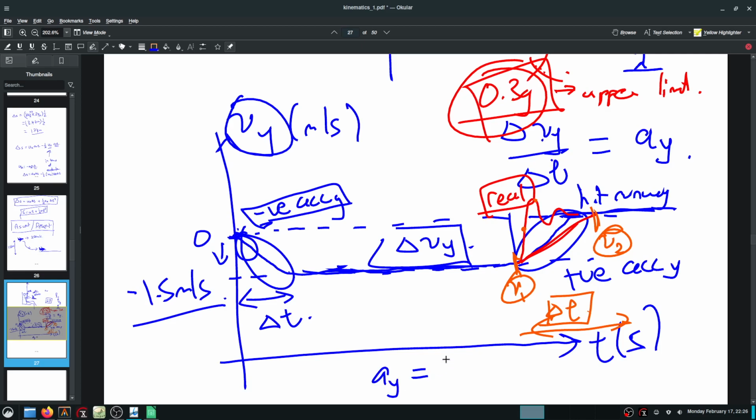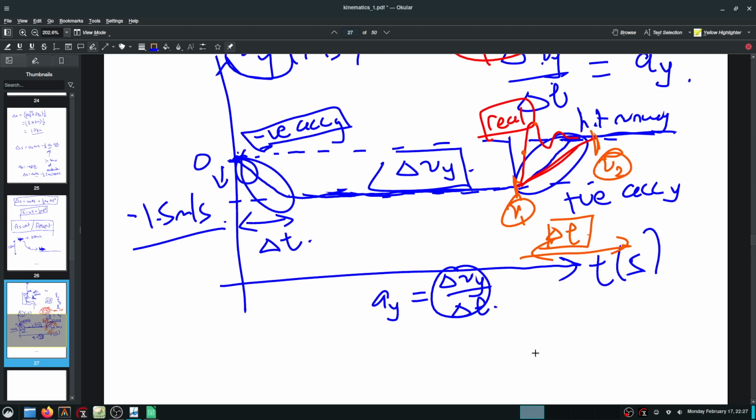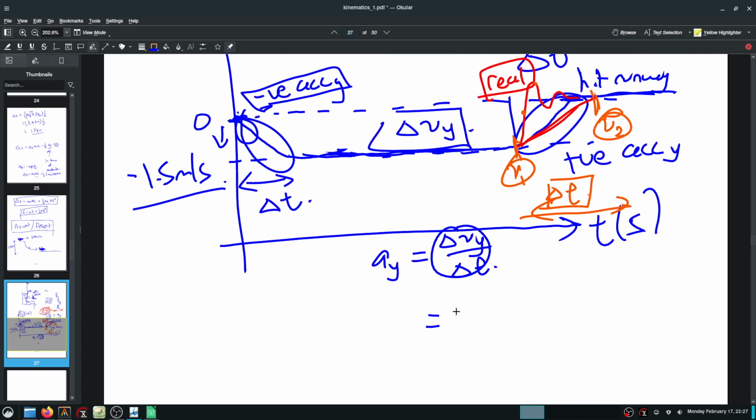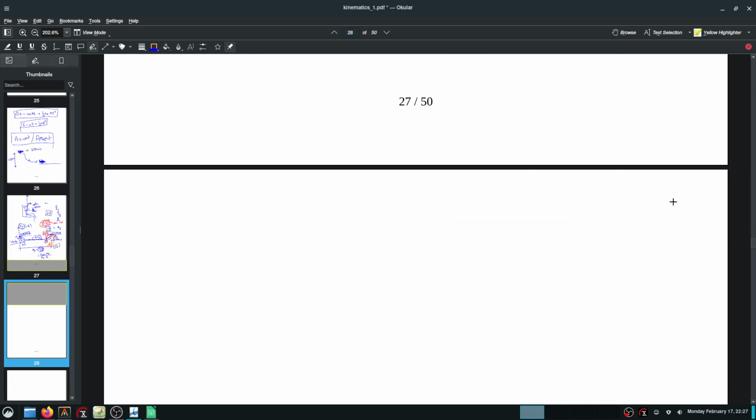Acceleration in the y direction is the change in velocity in the y direction with respect to time. If you notice, this is exactly the formula for gradient. So it's vy2 minus vy1 over t2 minus t1. This is the v2, v1, and t1 and t2 are here. Pardon, my graph is getting very messy, so let me redraw the graph again.